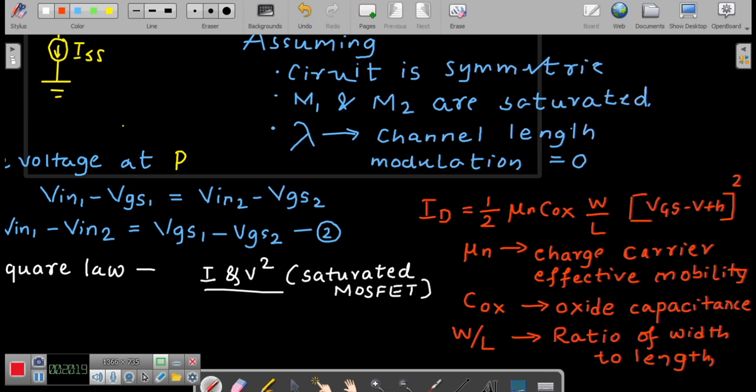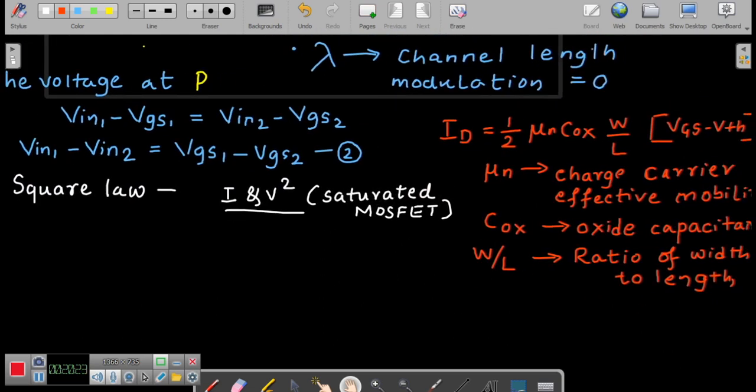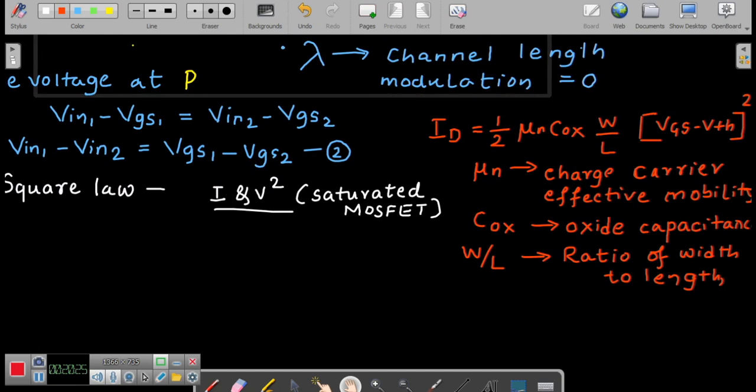Then the other parameters I need not mention here. You know that ID is the drain current, VGS is the gate to source voltage, VTH is the threshold voltage. And lambda, I have already made a mention, it is the channel length modulation. Anyway, I have not considered that particular part lambda in this expression. Had it been considered, this equation would have been slightly different, that 1 minus lambda would have come in the numerator.